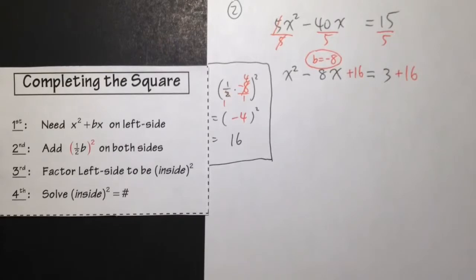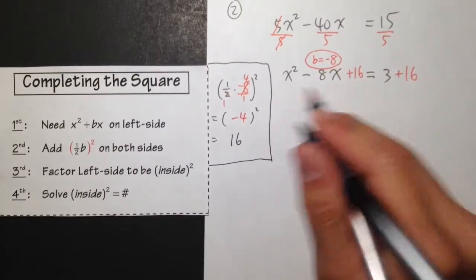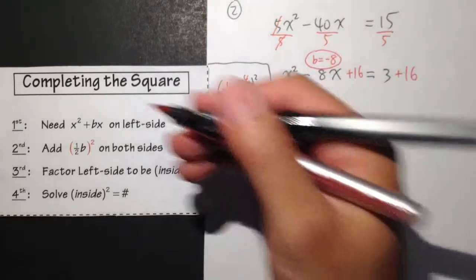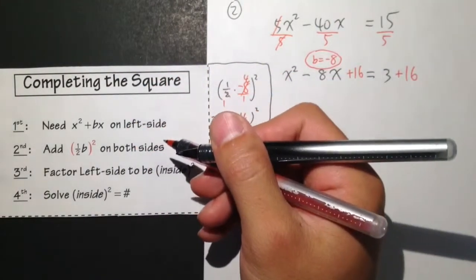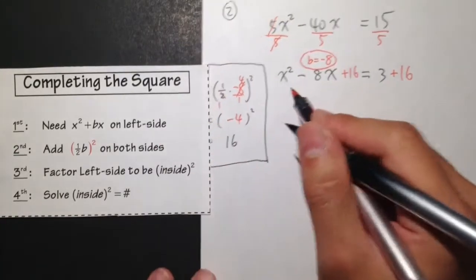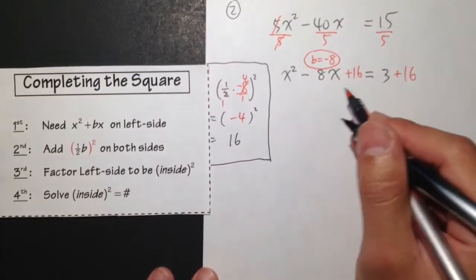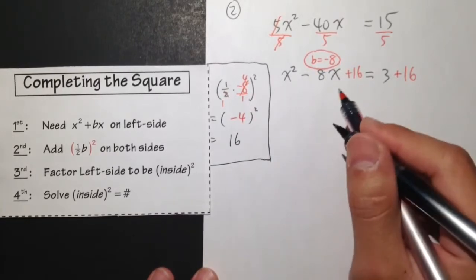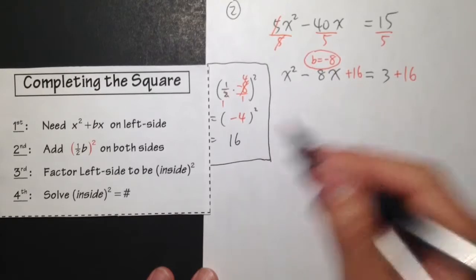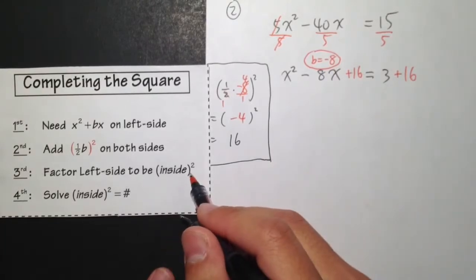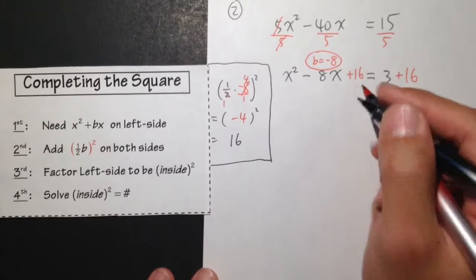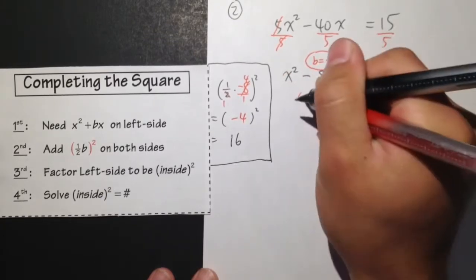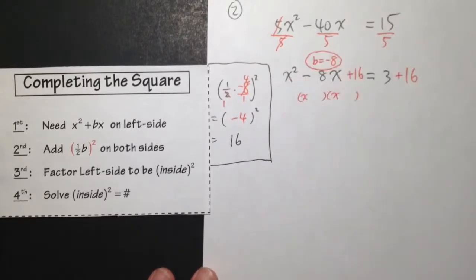Okay? And now, we can just look at the left hand side, x squared minus 8x plus 16. If we do these two steps correctly, then the third step here, when we factor this, is always going to be factorable. And even better, we can always factor the left hand side to be something inside to the second power. And just to take a look at this, to factor x squared minus 8x plus 16, it will be something like x here, x times x is x squared.